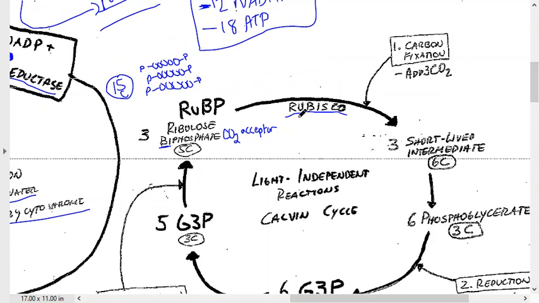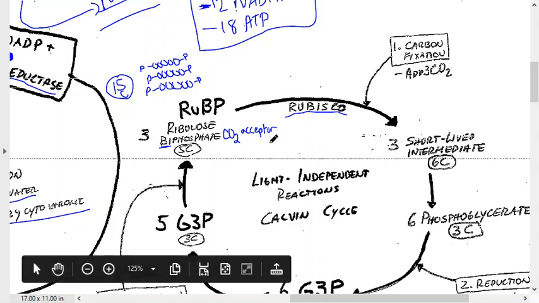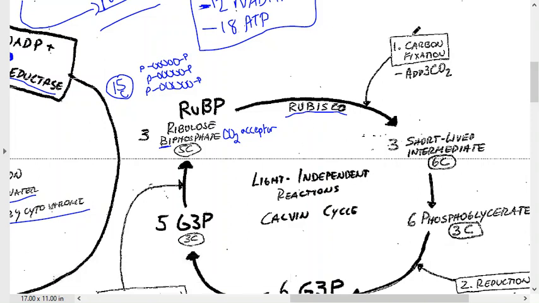Rubisco is probably the most prevalent enzyme in the world, or one of the most prevalent enzymes on Earth, because of its role in this cycle. Rubisco is going to help plant cells, or anything doing this cycle, fix carbon.